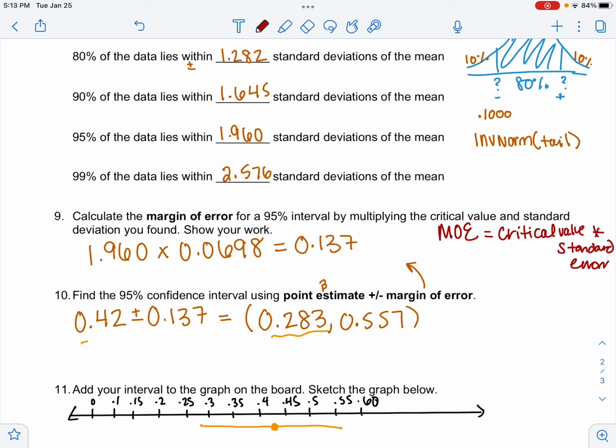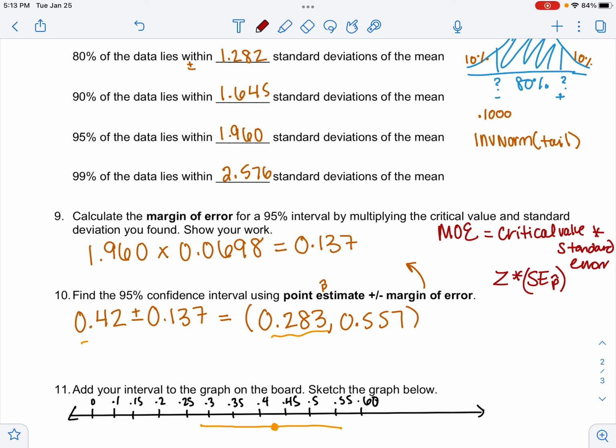To write it a different way, your critical value is your z times the standard error, SE sub p hat. And the z with the star is the critical value.